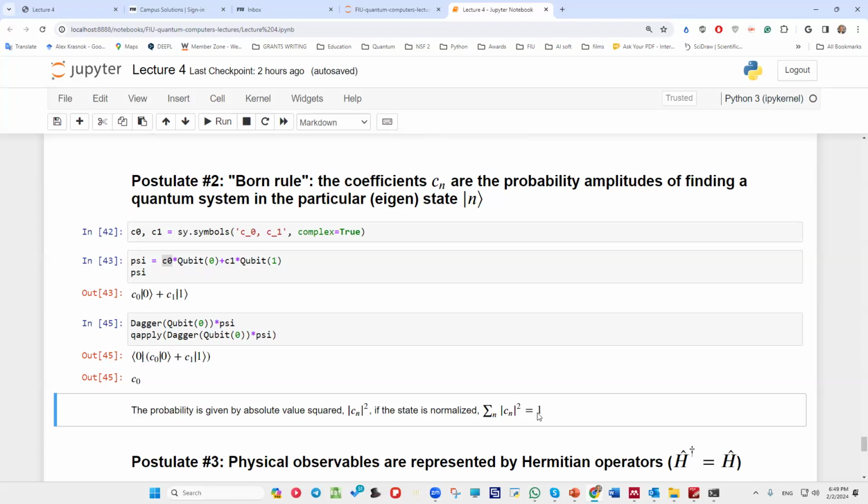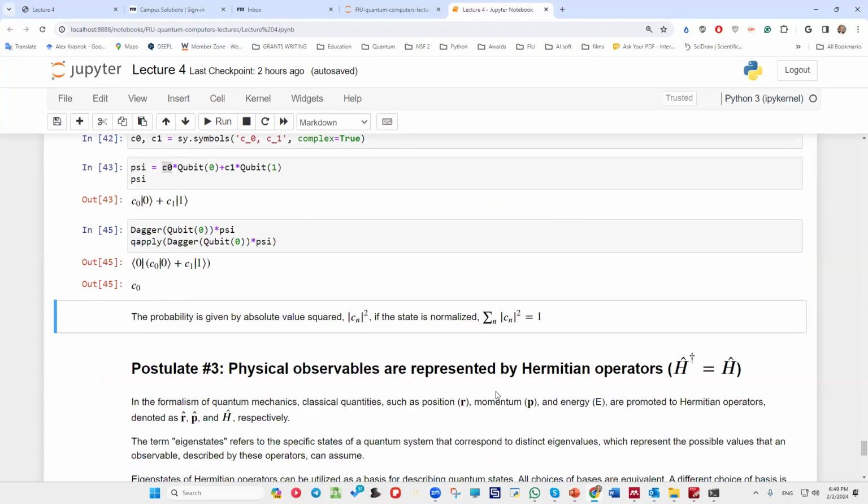This way you measure these probabilities of state 0 or state 1. And of course, these probabilities are supposed to be normalized to 1. So if I sum up all the probabilities, I'll get 1, because 1 is 100% probability.